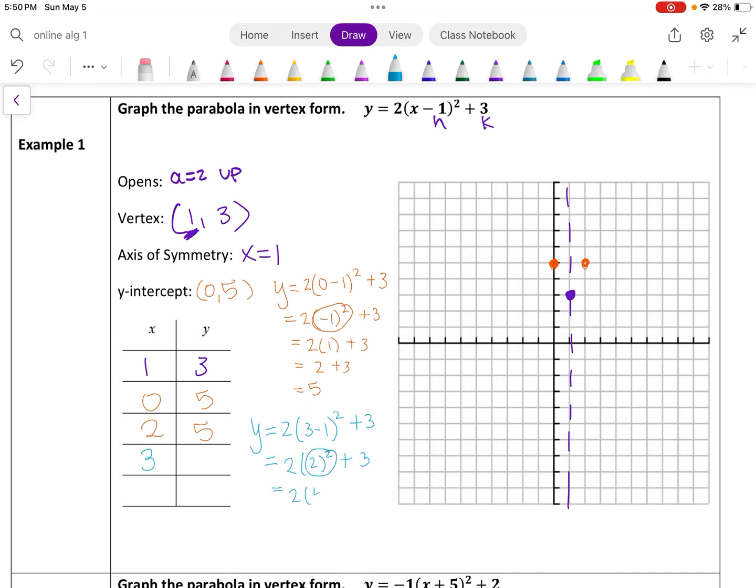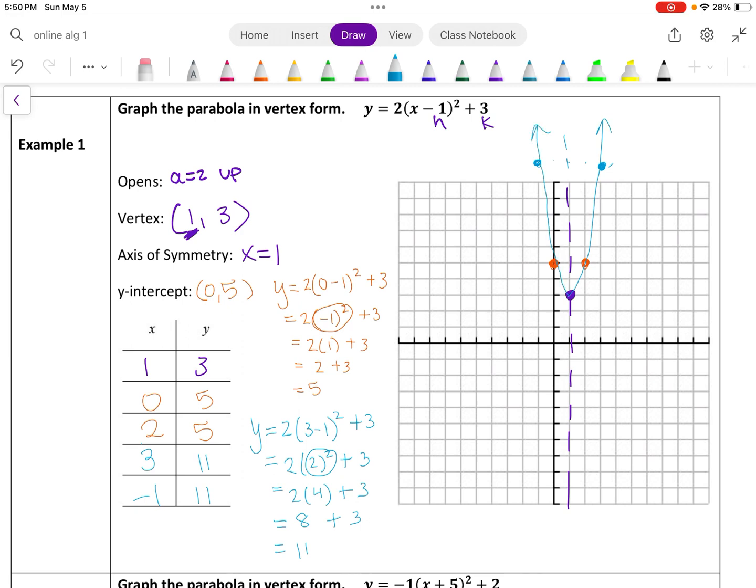Remember I have to do my exponent first. 2 squared is 4. 2 times 4 is 8, and 8 plus 3 is 11. 3, 11. That's not going to fit on my graph, but I can estimate where that would be just off my graph. And then I mirror that 1 away on the other side, so it looks like my other point would be negative 1, 11.